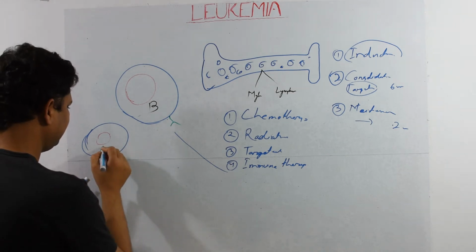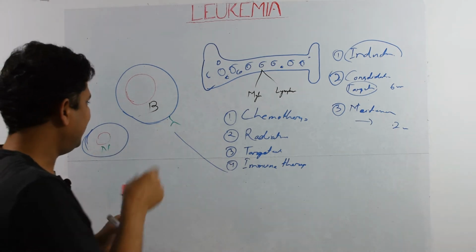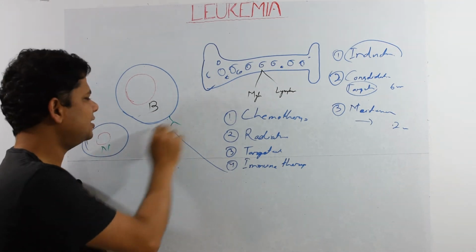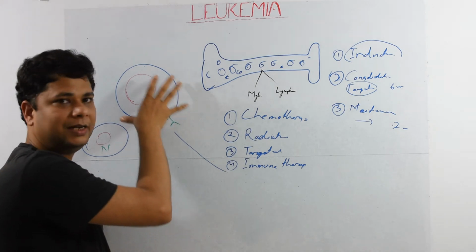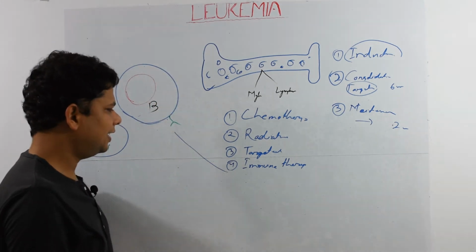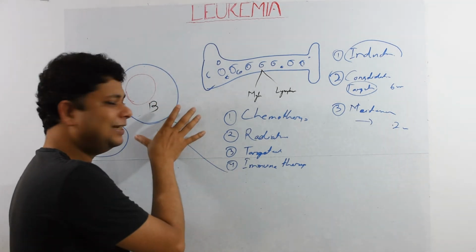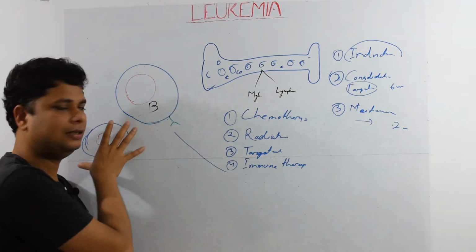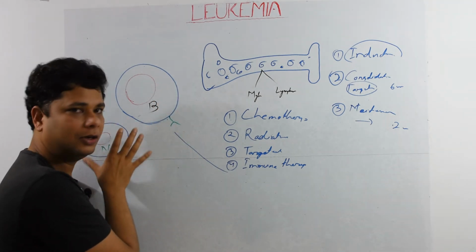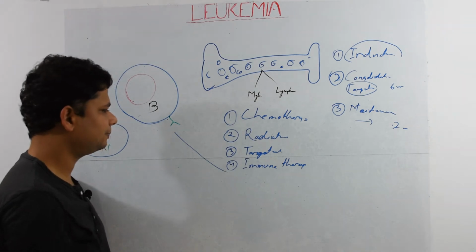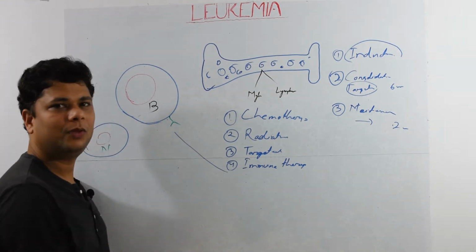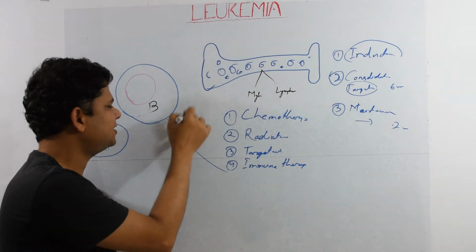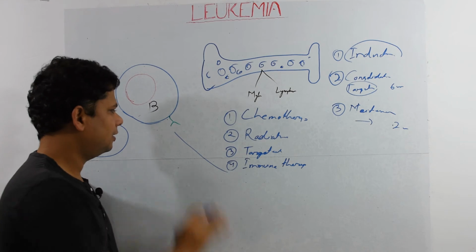This is the normal cell, and in this case there will be no receptor like the one present on leukemic cells. Then identifying this receptor, which is present only on the leukemic cell and not on our normal cell, is very important. After the identification, they produce antibodies against the receptor.